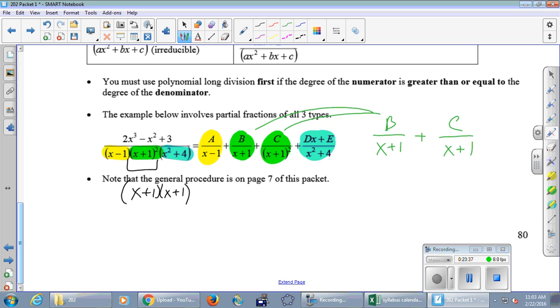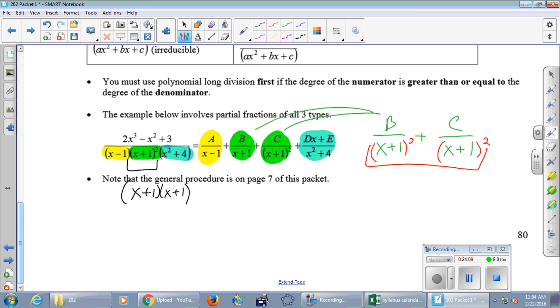The denominator is supposed to look like x minus 1, x plus 1 squared, x squared plus 4, right? Suppose that we looked at your idea, which is a good one here, and we said, hey, we're going to smush these together and make a single fraction. What would the denominator be? It would just be x plus 1, right? If you just added these two guys, your two fractions, your denominator isn't rich enough to get us the thing that we want. So for sure, we got to have a squared on one of these guys.